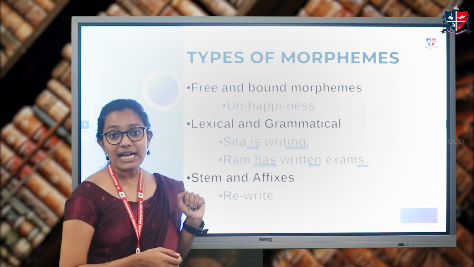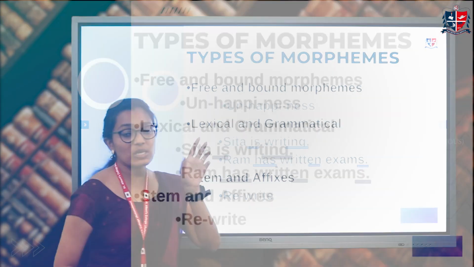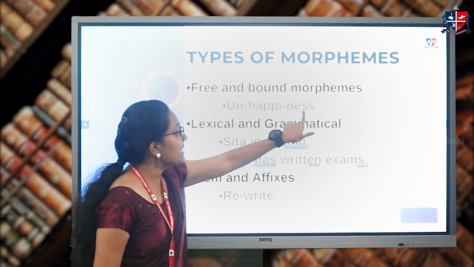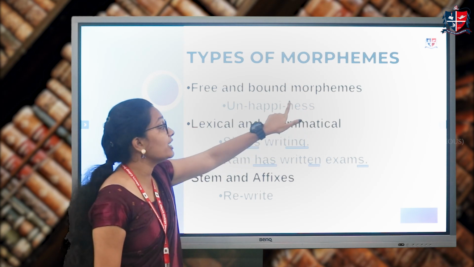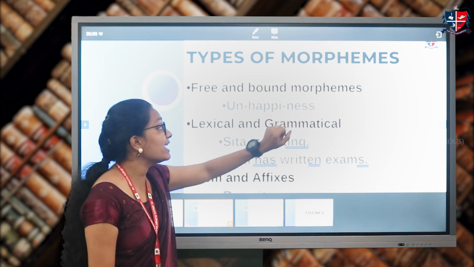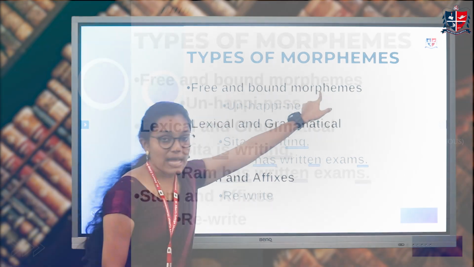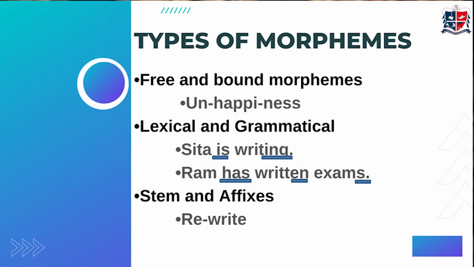See the example unhappiness. Here happy is a word which can stand independently and it has a meaning. But see the morphemes un and ness. They can't stand independently and they don't have any meaning when standing independently. So un and ness are examples of bound morphemes and happy is an example of a free morpheme.